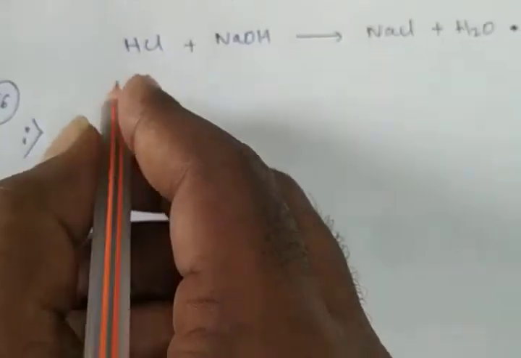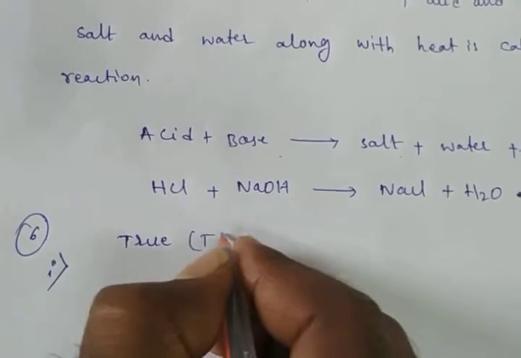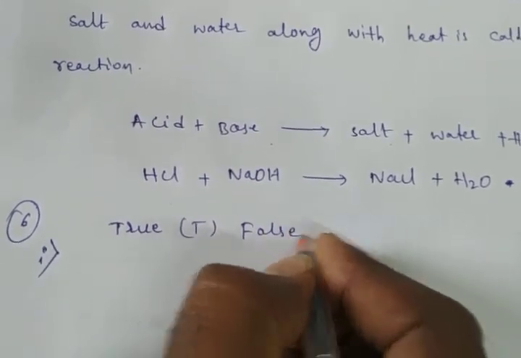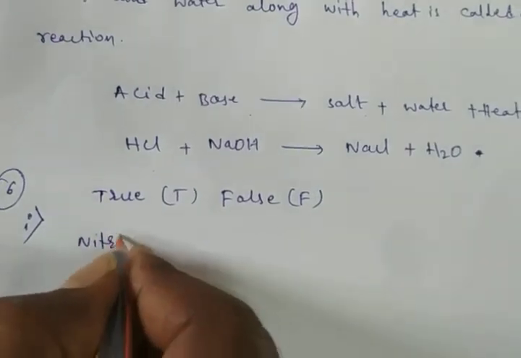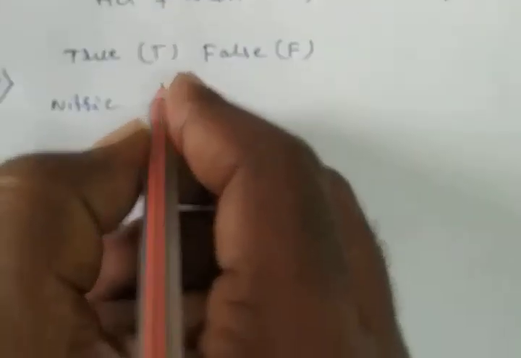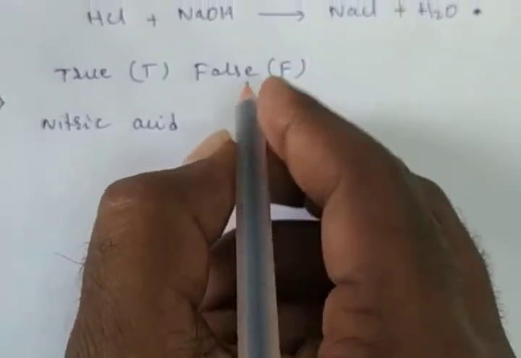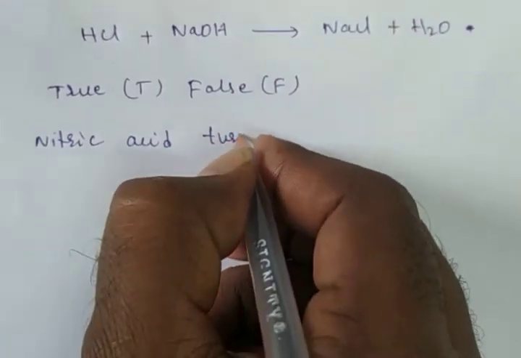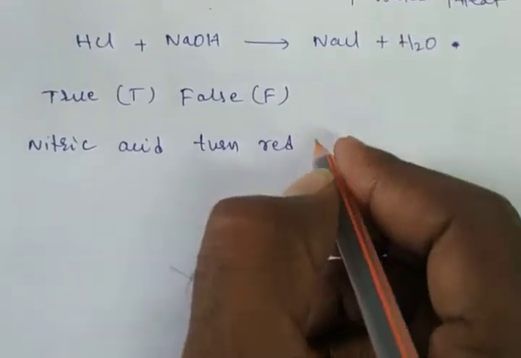So the first one, sixth question, true or false. Nitric acid turns red litmus to blue.